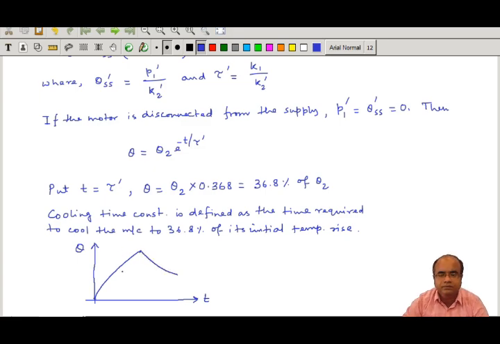This part is heating, and this part is cooling of the machine. Now based on this, we will select the power rating of the machines.